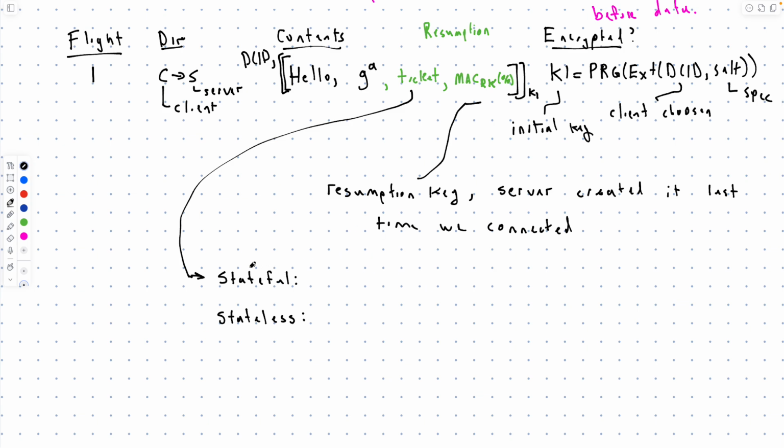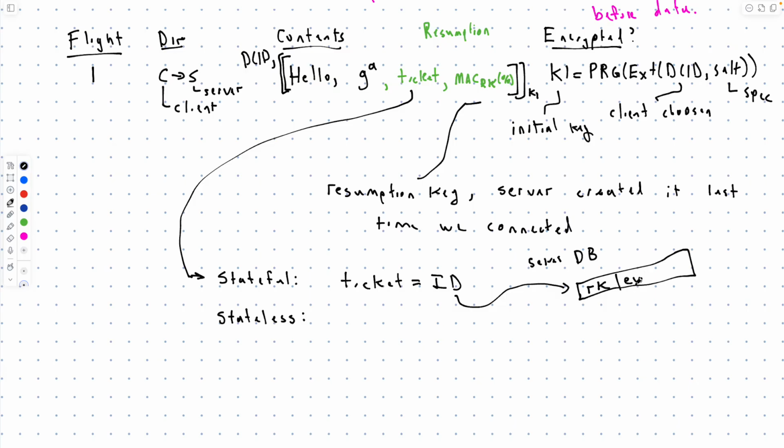Okay, so in a stateful setting, the ticket will basically just be an identifier. And this will be a pointer to a database that the server has, so a server database. What it will do is look up that entry, and from the entry, it will get the resumption key, and it will have expiration as well.